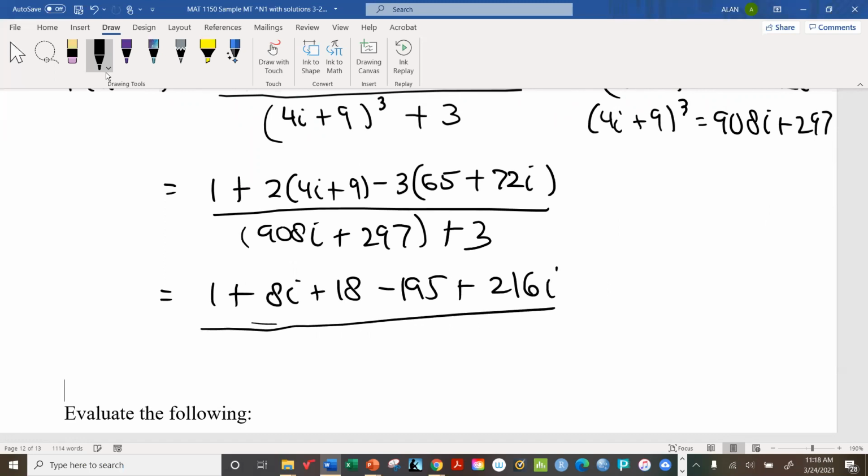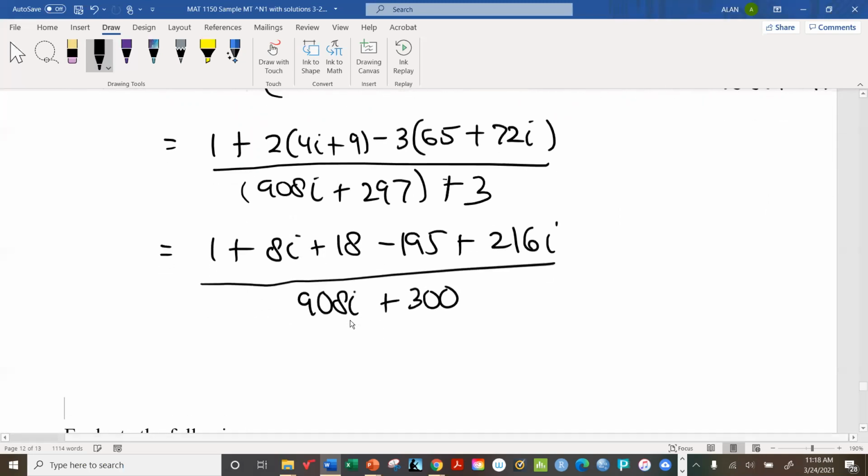All right, now here we have 908i, and these two clearly add up to 300. So we're getting close. So we've got these constants equal minus 176 plus 224i.